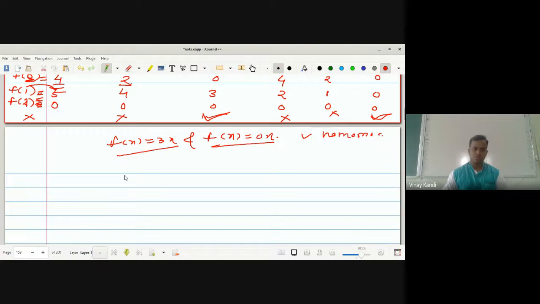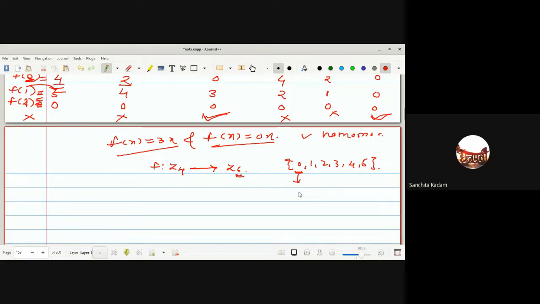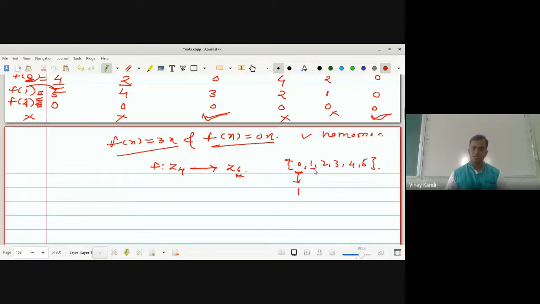Okay, here we have mapping Z4 to Z6. Who are the elements in Z6? 0, 1, 2, 3, 4, 5. What is the order of 0 in Z6? 1. What is the order of 1 in Z6? 6.